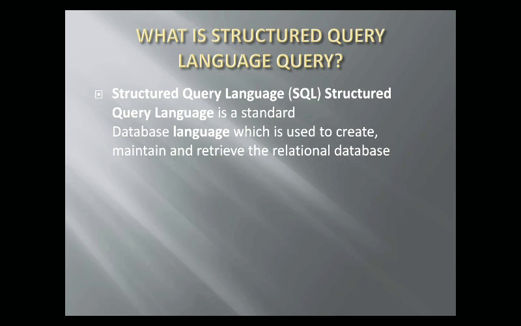Structured query language, SQL, is the standard database language which is used to create, maintain, and retrieve the relational database. This is all about our query. In the next class we will continue with setting a relationship between tables. This is also a part of query only.